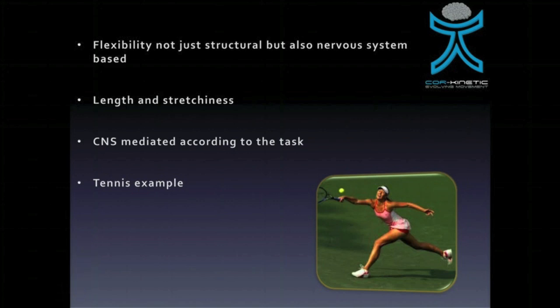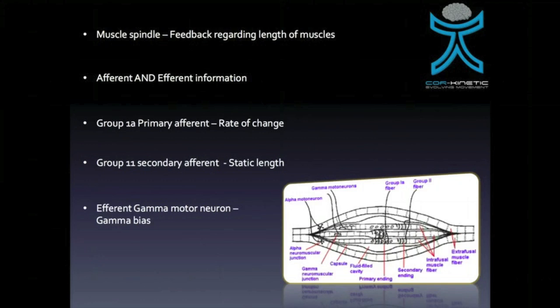Mechanisms I want to talk about that we use to regulate stiffness or flexibility is the muscle spindle. Now, the muscle spindle is seen as a feedback mechanism about the length of a muscle. We also have things like our GTOs, our Golgi tendon organs, that are able to give information back about tension. Now, length and tension are intimately entwined in terms of how they work.